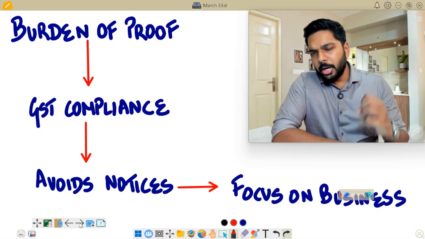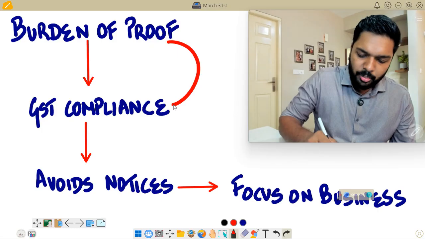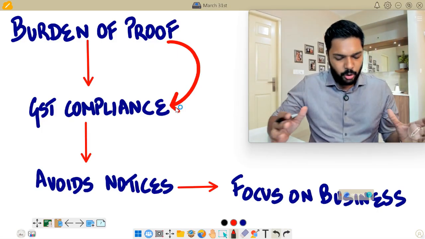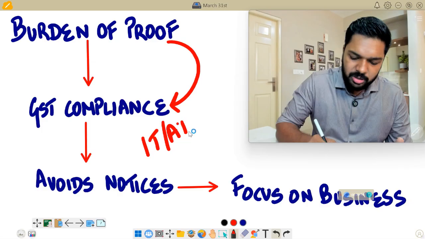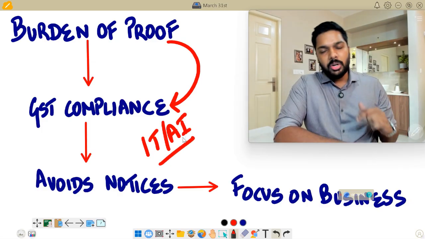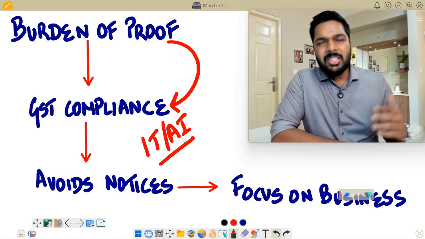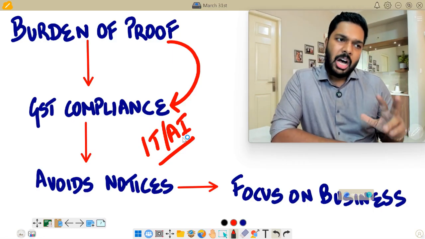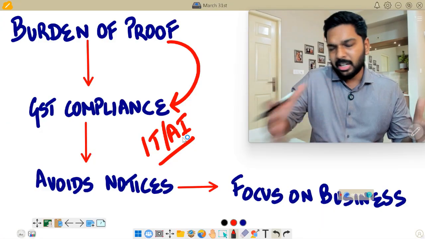And therefore, the burden of proof for any GST registered person is directly proportional to the GST compliance in today's scenario. With a lot of information technology, AI and other tech tools being used by the department, you have notices under GST flying in on any random day, which takes away a lot of attention and time that could otherwise be spent on the business.